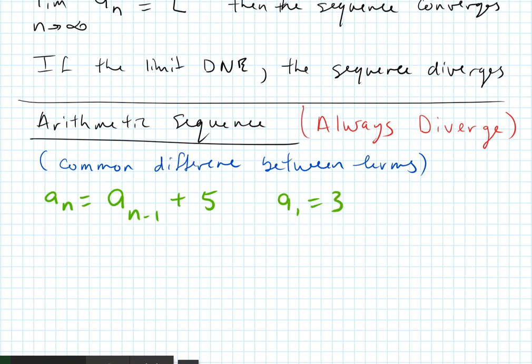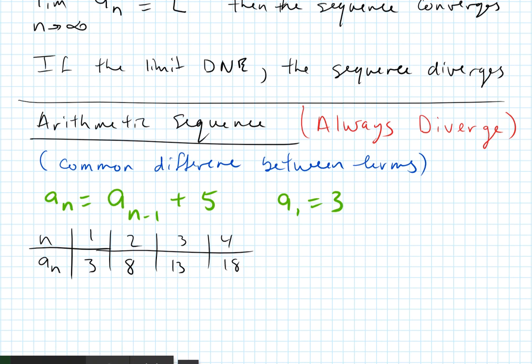That means that when you look at the terms, suppose I have n and a sub n, and I have my first term, my second term, my third term, going on to n. I'll do a fourth term even. I'm going to start at 3 and I'm going to add 5. So that's going to be 8. I'm going to add 5 to that and it's going to be 13. I'm going to add 5 to that, it's going to be 18. So what's going on is I've added 5 each time.